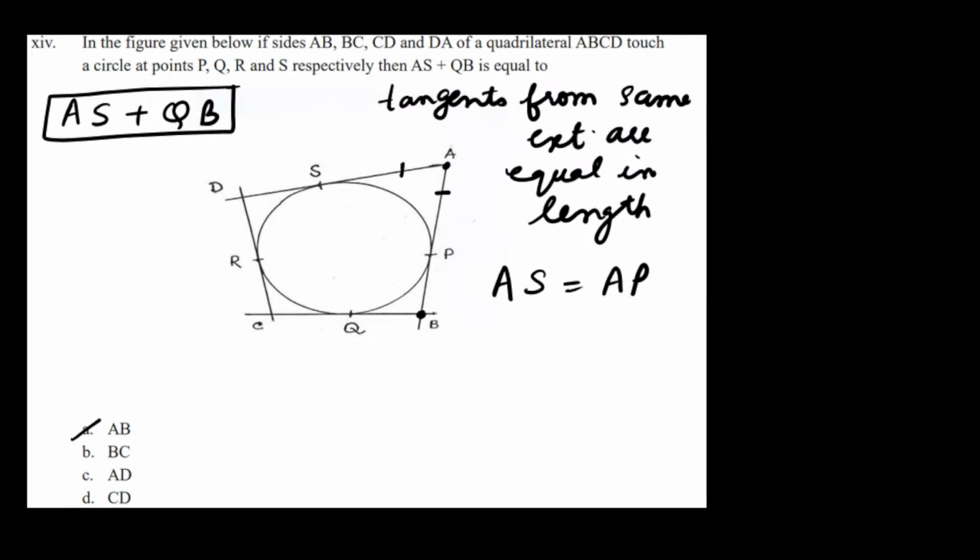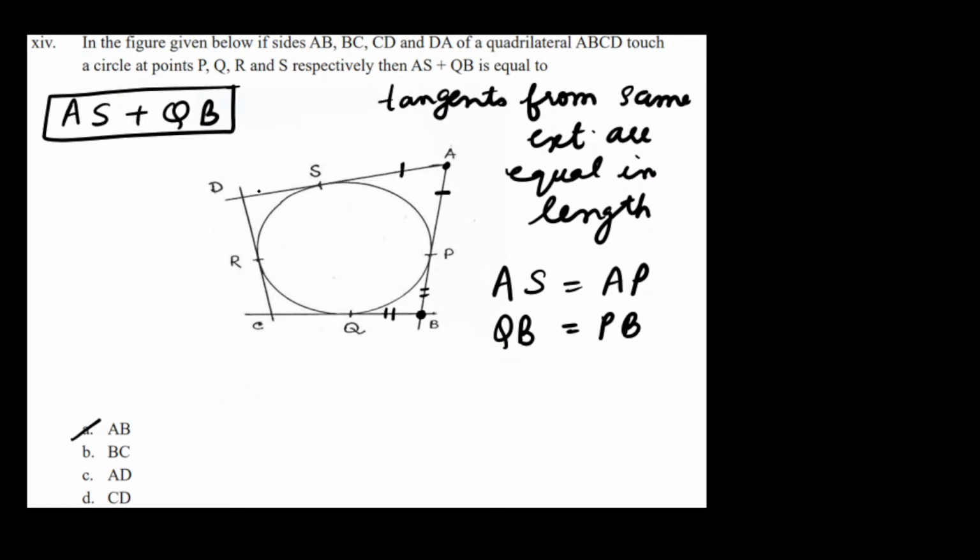In the same way from point B we have tangents BP and BQ. Because they are also from the same exterior point B, I can write QB is equal to PB.